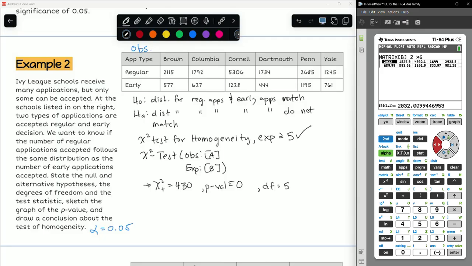Much like our last example, I'm going to draw my picture, and then I'm going to state my conclusion. So chi-square curve, I'm way out here at 430, and my p-value is 0. And since our p-value is low, we reject H0.